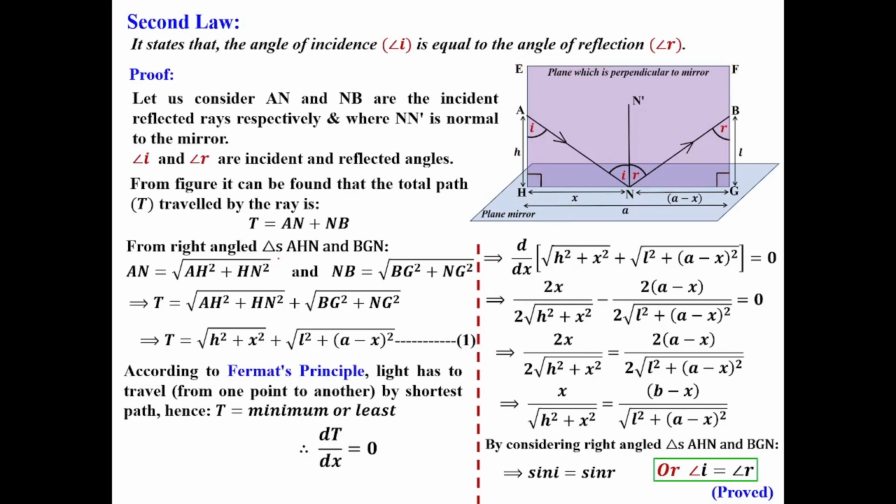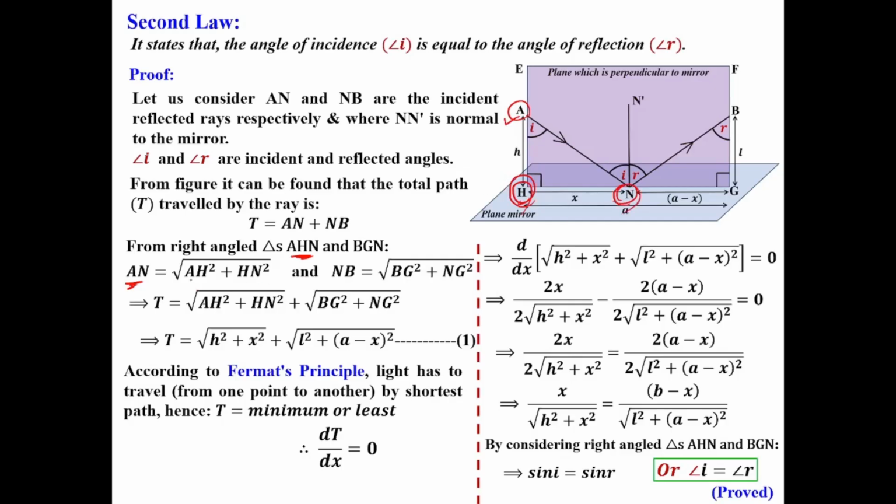So from this triangle AHN, if I consider the Pythagoras theorem, AN, this distance, will be root over AH square plus HN square.